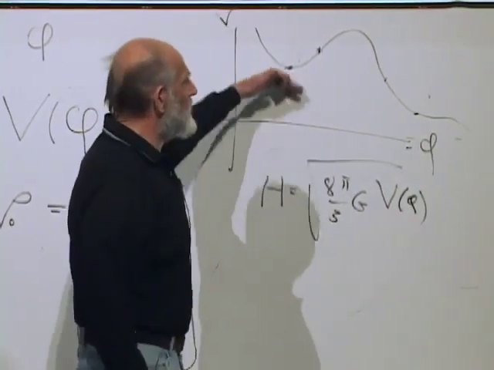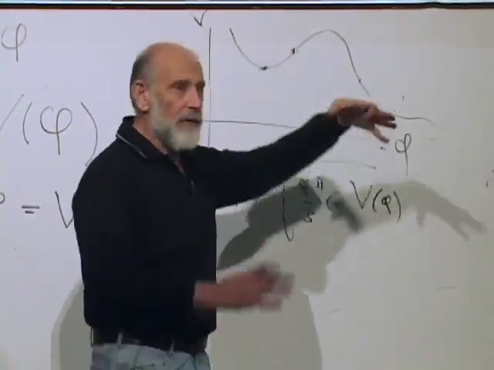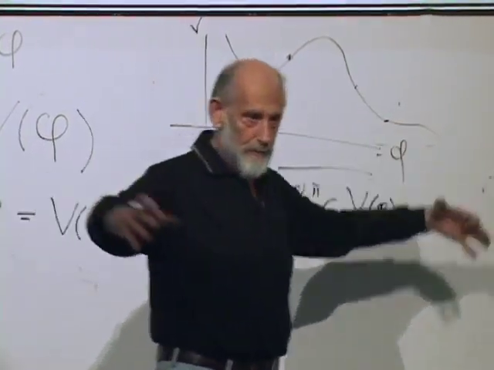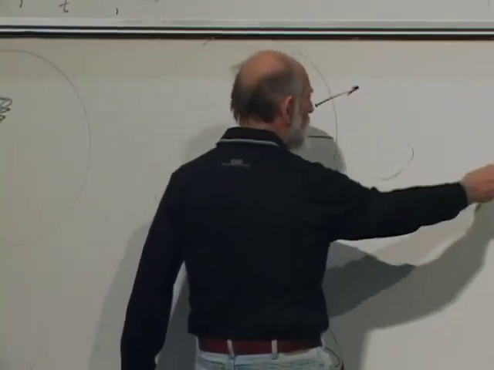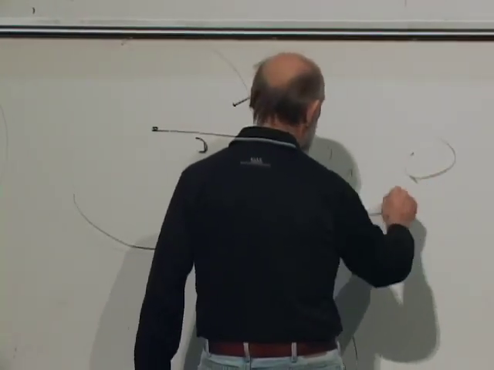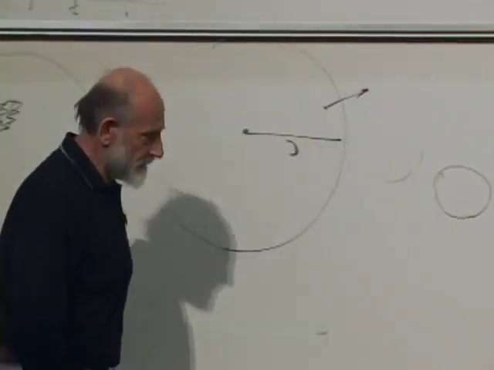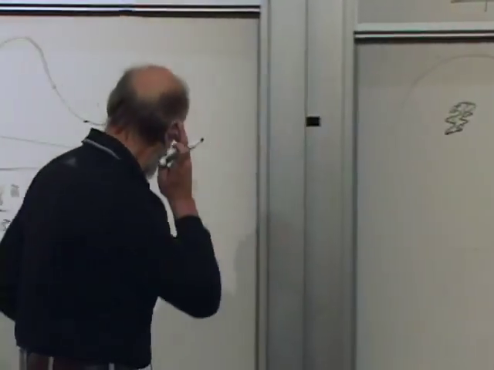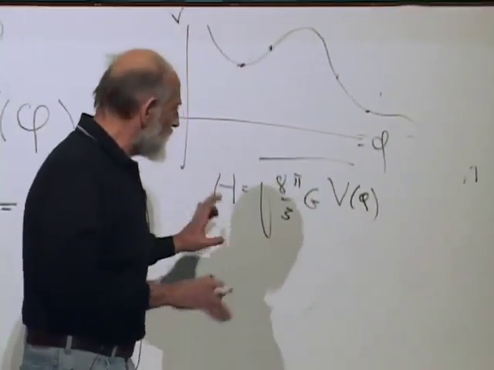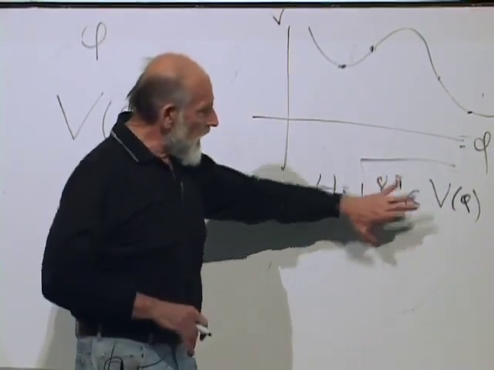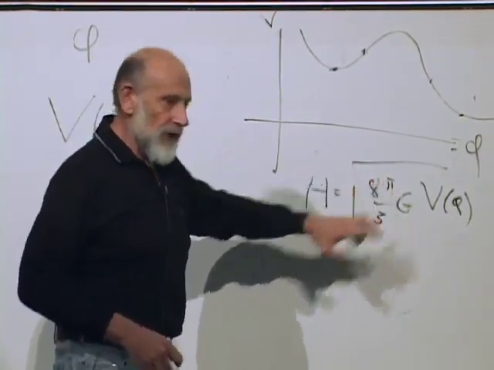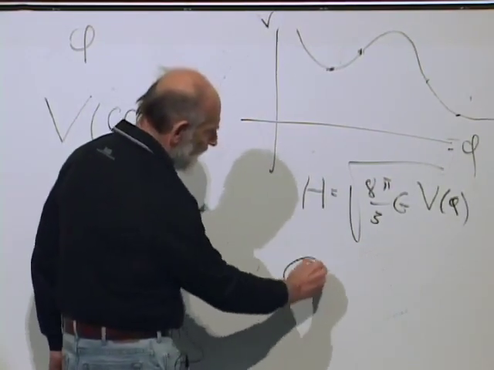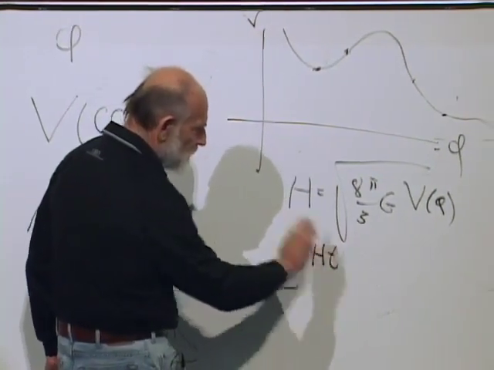Now, what happens if phi varies from place to place? Supposing over here it's a different value than it is over here, or a different value than it is over here. Well, first, let's go back to the case where it's not varying. The region of space over which it's not varying is expanding exponentially like e to the Ht.